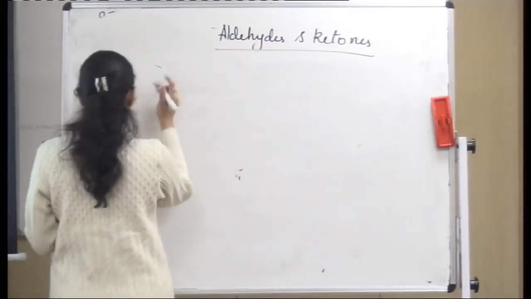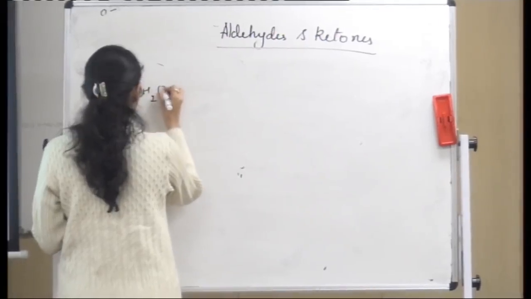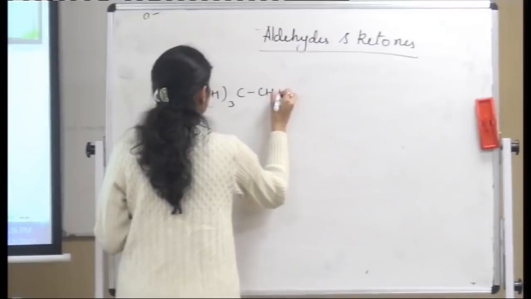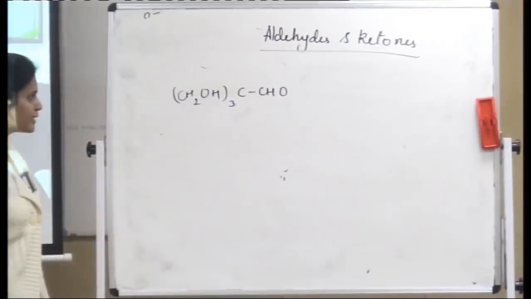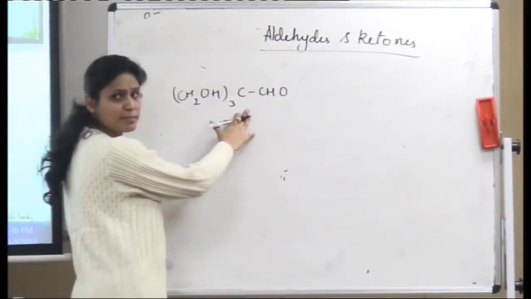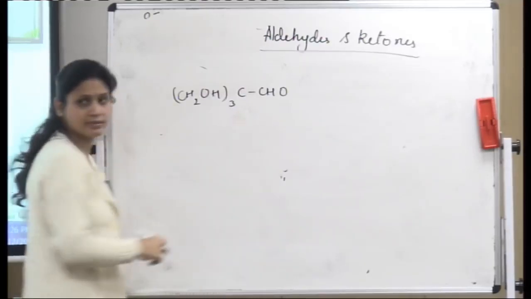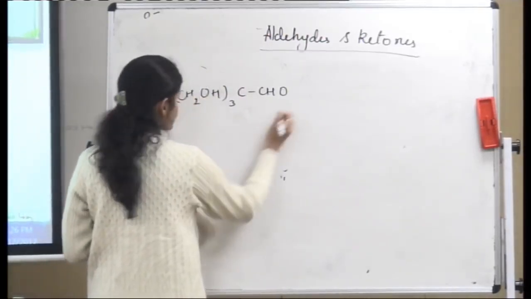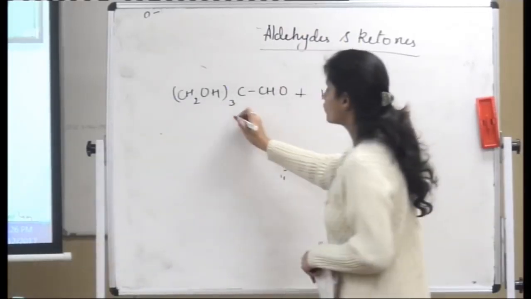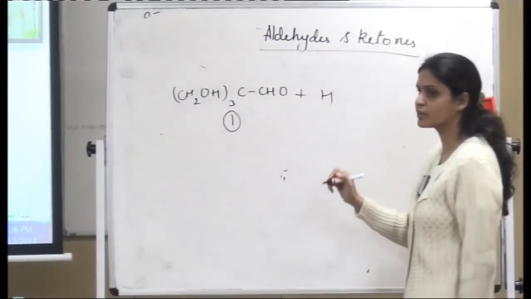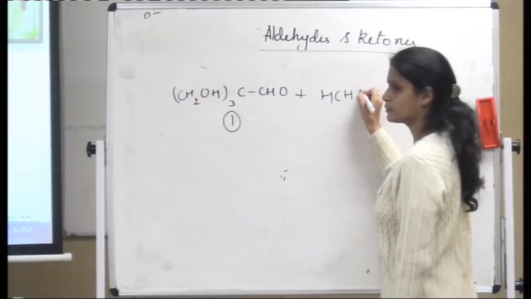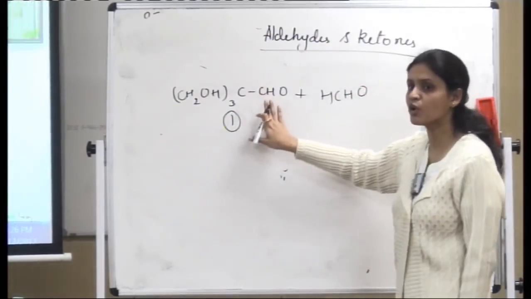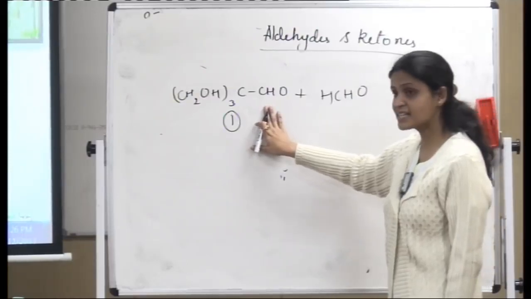Let's take this example, (CH2OH)3CCHO. What is the name of this compound? Does this compound have alpha hydrogen or not? It has alpha hydrogen.